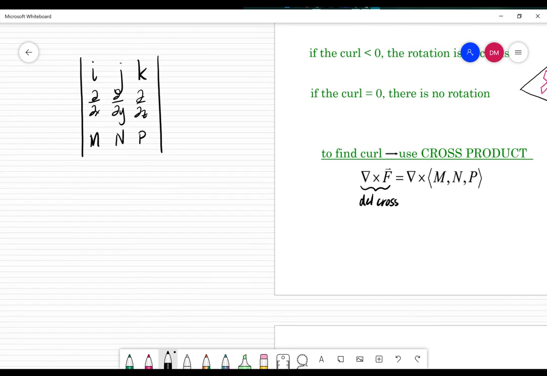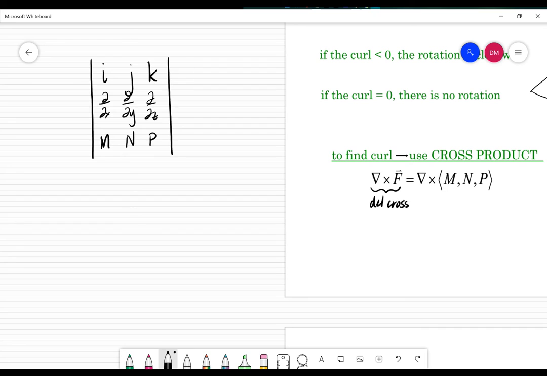So again, I won't go through the specifics of how to do our 3x3 cross product here. If you don't remember, that may be something to go back and review before our test for sure. But essentially, I'm going to switch now to Lagrange notation because it's just going to be easier.